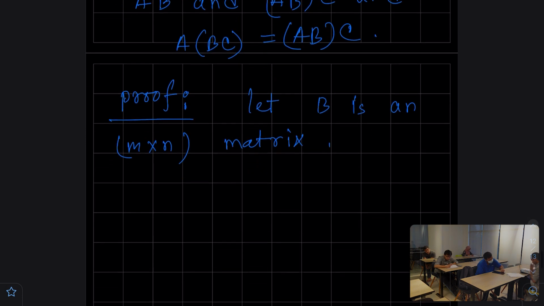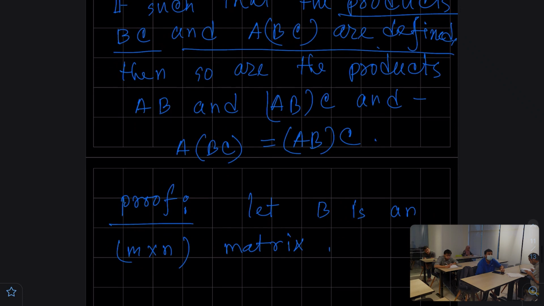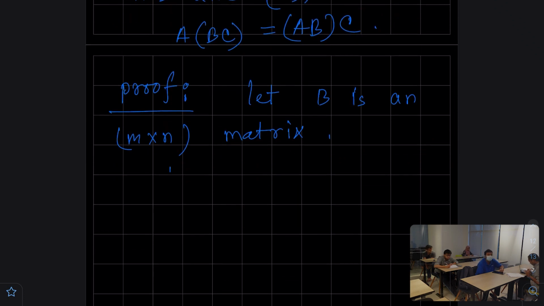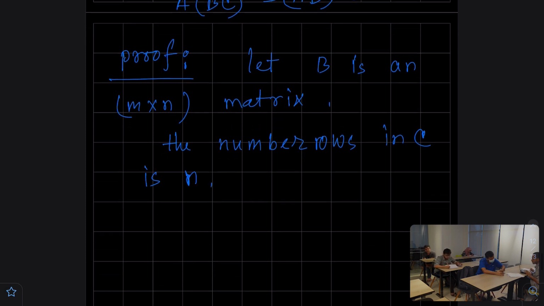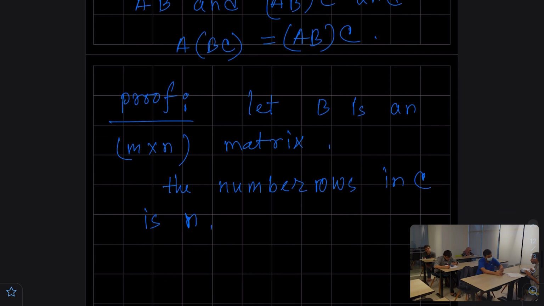The number of rows in C is N, right? And what is the number of columns in A? It has to be M, right?